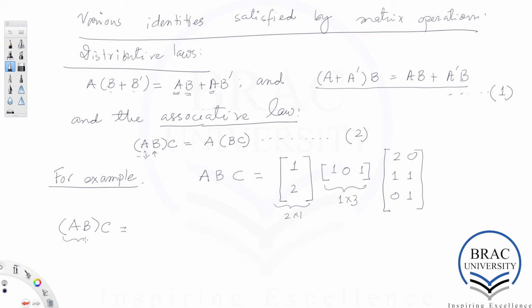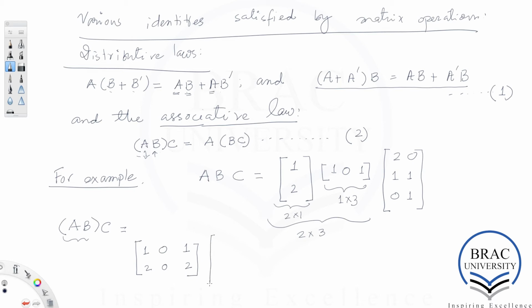So A times B is expected to be a matrix of size 2 times 3, right? So let us write this 2 times 3 matrix. The first entry is 1, then you have 0, then 1, then 2, 0, 2. Okay, so this is the 2 times 3 matrix.